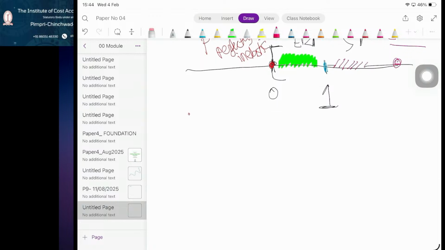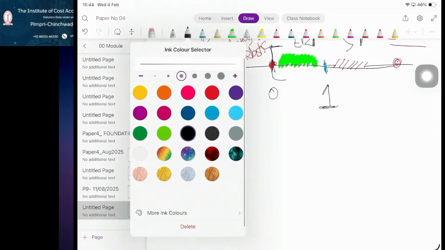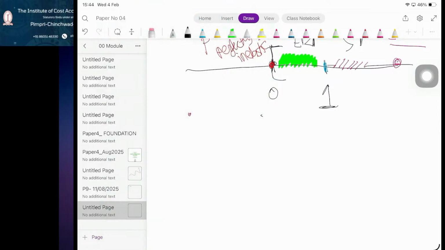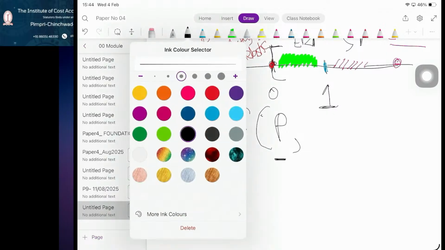Okay. If you look at the determinants of demand, we did quantity of demand as a function of price. We have seen that there is an inverse relationship between price and quantity demanded, okay? But there are other determinants also.